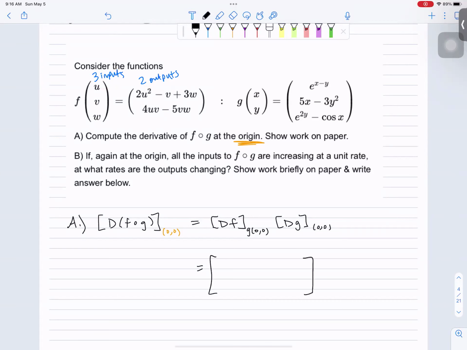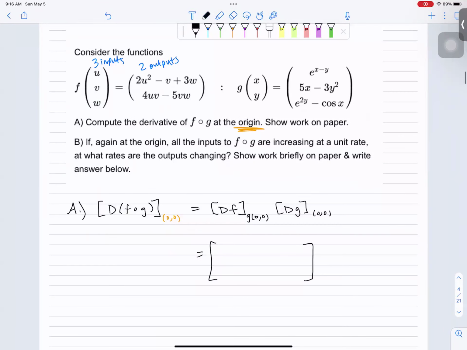Okay, so specifically, what are they? Remember the outputs are the rows, inputs are the columns. So the first output with respect to u, the derivative, is 4u. Then the partial with respect to v is -1. Partial with respect to w is 3.